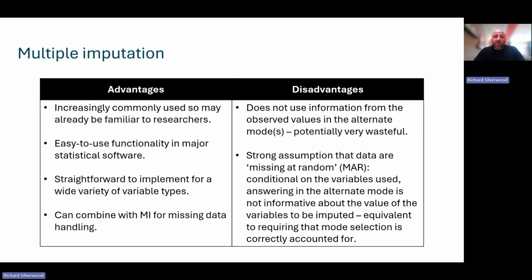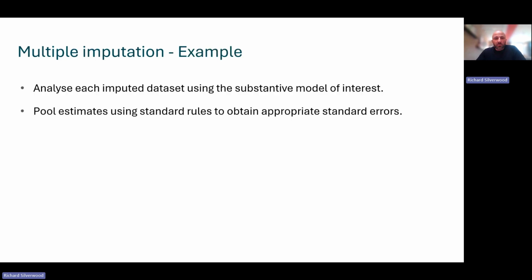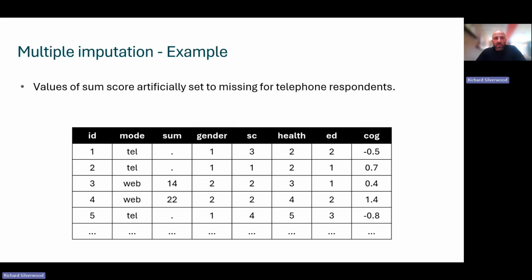A major disadvantage here is that this approach is potentially very wasteful. So it's not using information on the variables that are subject to mode effects from those individuals who were observed in the alternate mode. So if I just skip back a few slides to this one here, when we're developing our imputation model, it's only done amongst the web respondents. So it's using information on all of these variables amongst the web respondents only.